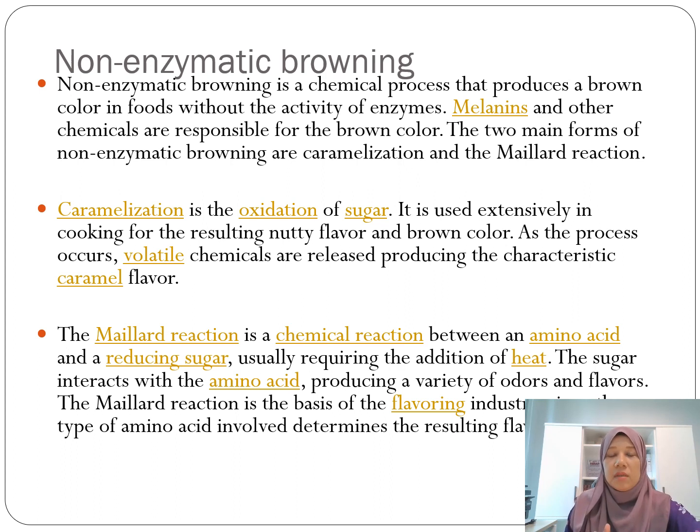You put sugar in a small pan, and then you put the pan on the stove and apply some heat. Then the sugar will be caramelized. It will change in color from white to brown. And then you can smell the odor of caramelization, the caramel flavor. That's the easiest example.